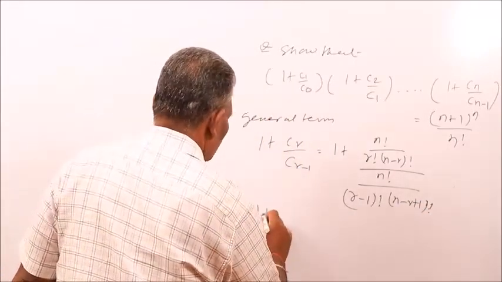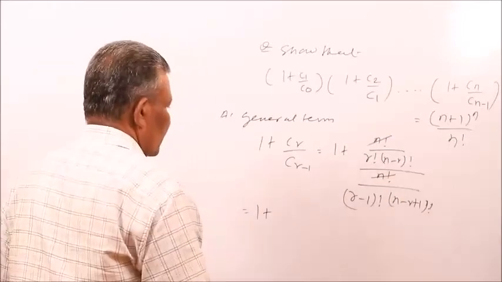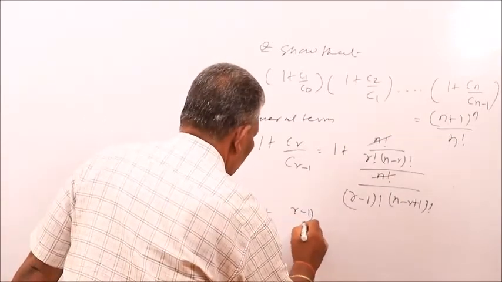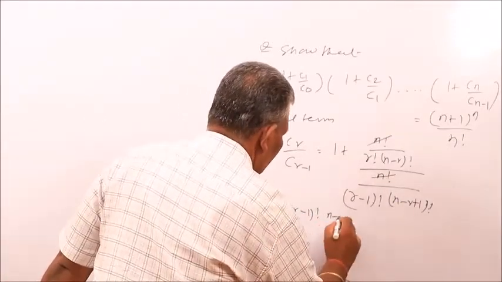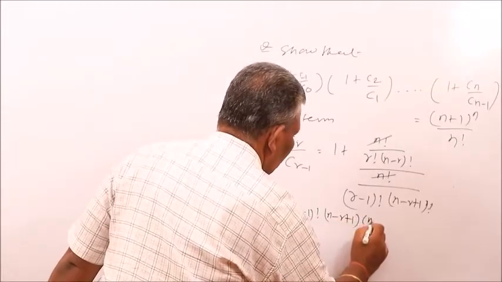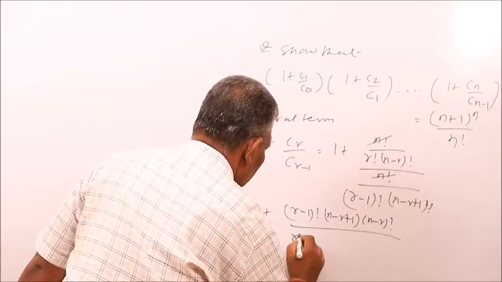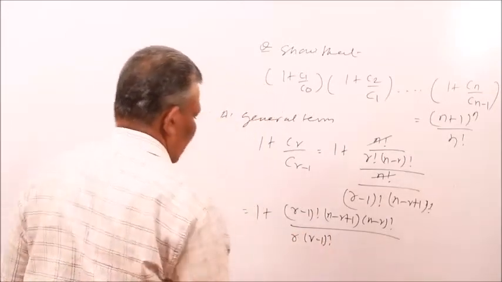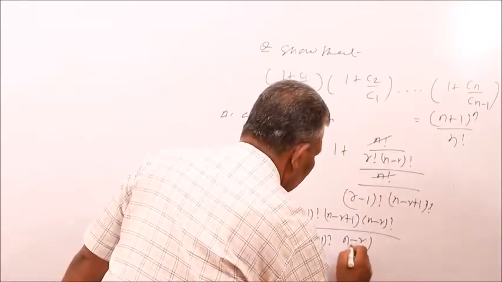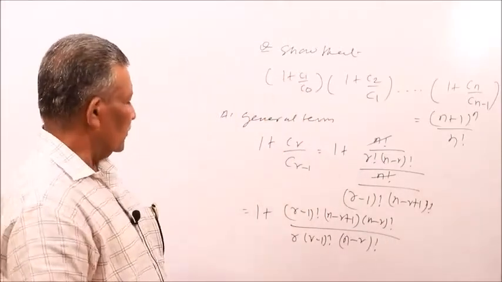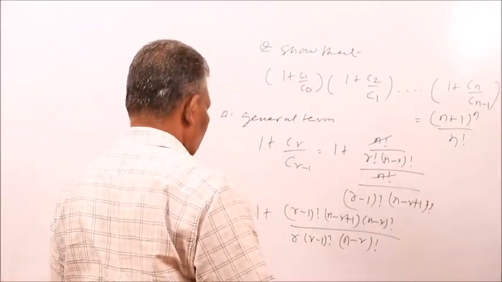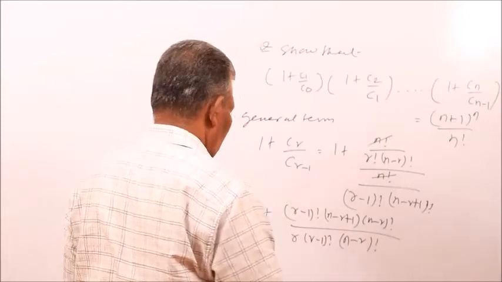That is 1 plus, n factorial will be cancelled. r factorial, we can split into r minus 1 factorial, and n minus r plus 1 into n minus r factorial, divided by r factorial, n minus r factorial. So cancelling the common terms, r minus 1 factorial and n minus r factorial will be cancelled.